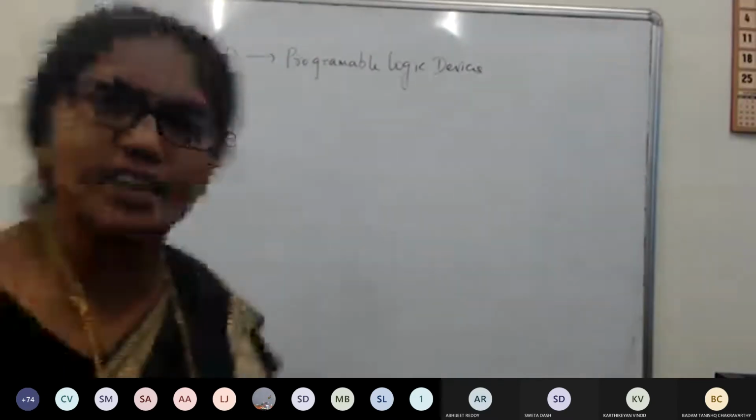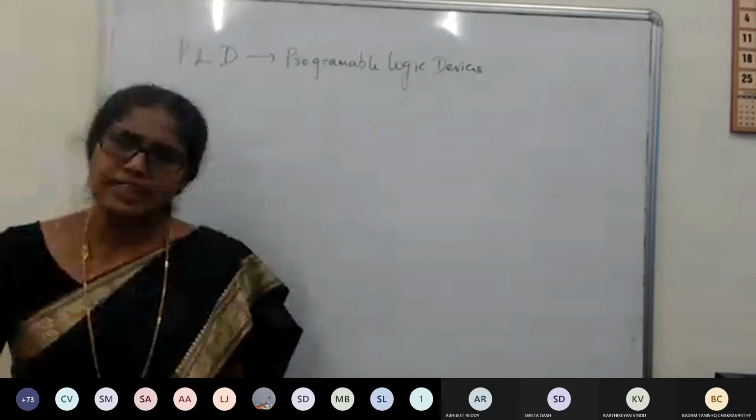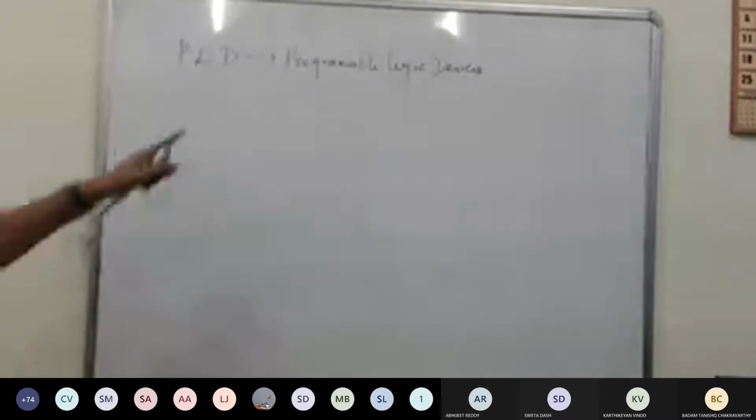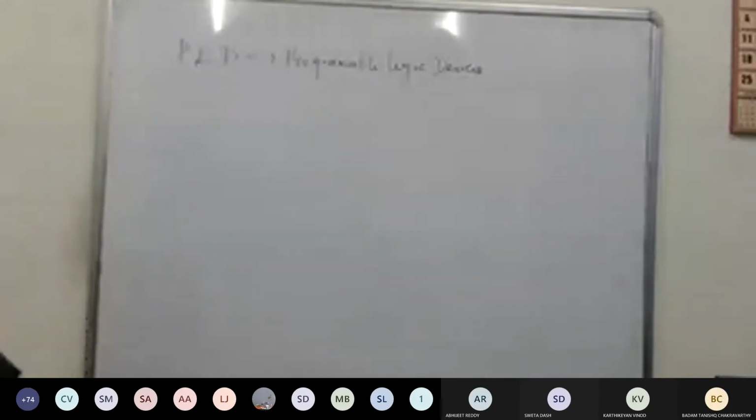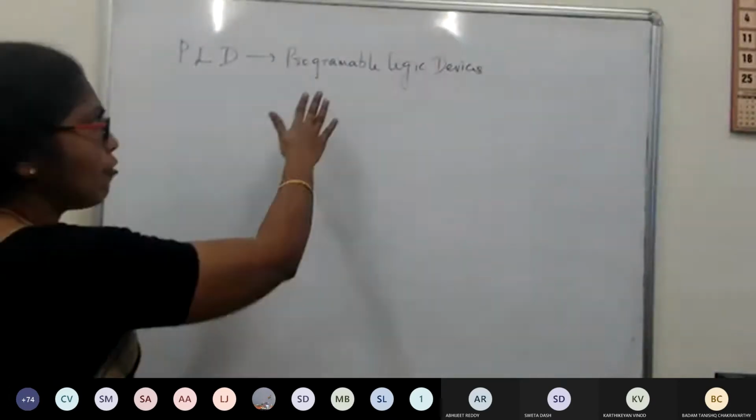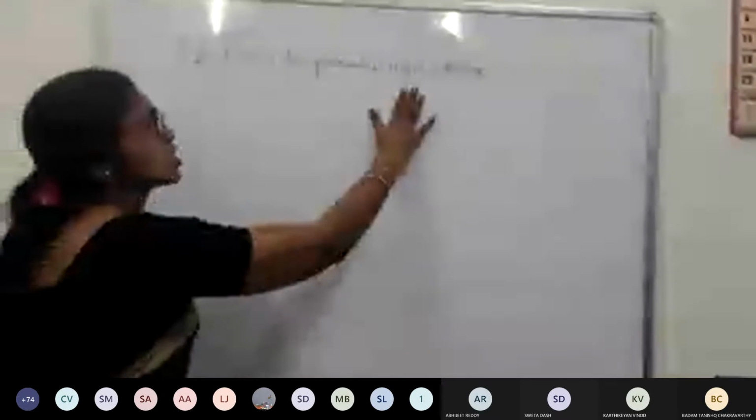Logic devices are nothing but gates, or we can say combinational circuits. They are also devices for us in digital form. Now, what does programmable mean? Programmable means I can visualize it as a task to perform on this one.